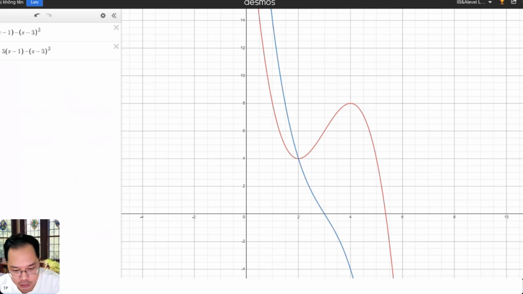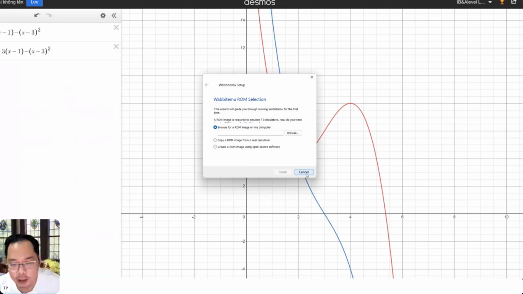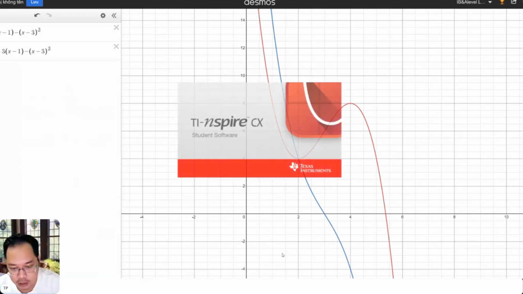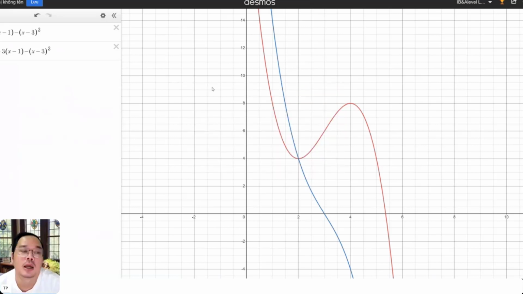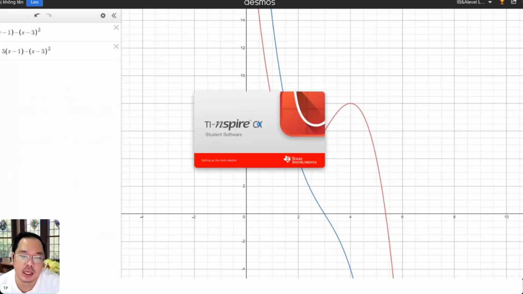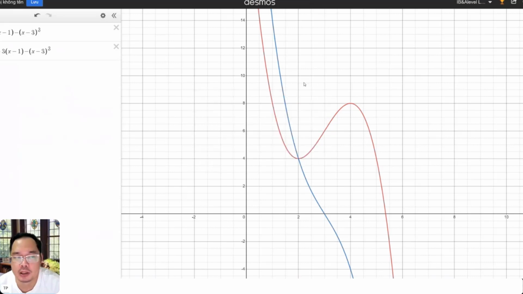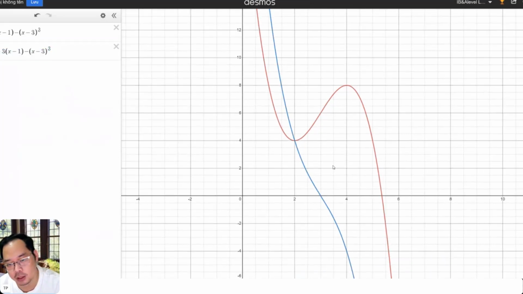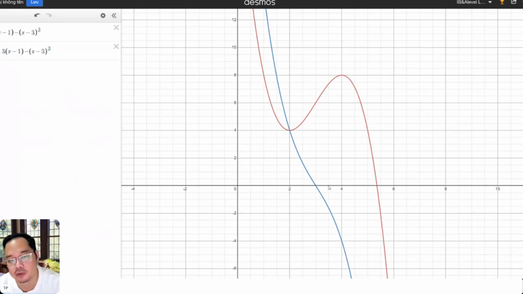What type of calculator do you use? TI or Casio? TI. I have one TI thing here, and this one is a Casio as well. Yes, you can use the TI calculator to plot the graph of kinetic energy. And from this blue graph, we can describe the motion of the object.